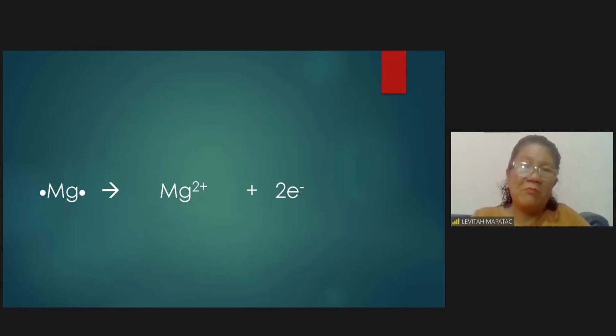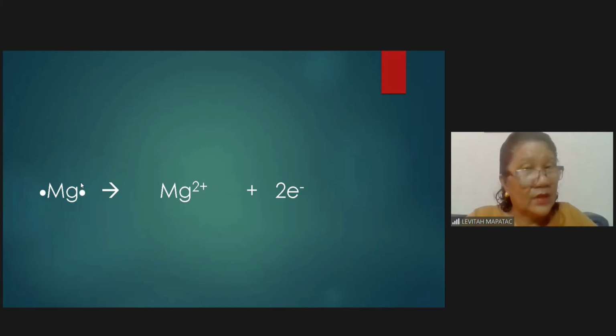To make it stable, those 2 electrons should be lost, or donated. That is what we are going to discuss in chemical bonding. What is important is you will know how to come up with this Lewis structure.